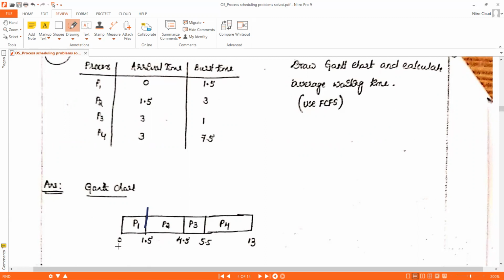Okay, process 1 will start execution at clock time 0 milliseconds. It needs to complete execution 1.5 milliseconds. So process 1 will be executed by the CPU until clock time 1.5 milliseconds. Okay. Next, process 2 will arrive to the CPU at clock time 1.5 milliseconds.